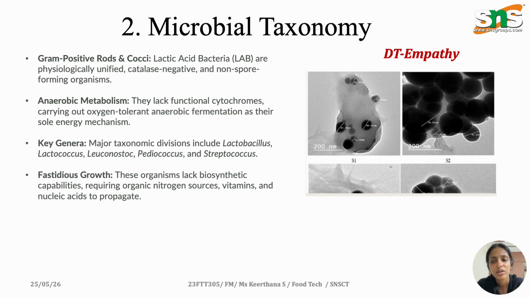Here, let's discuss the characteristics or the microbial taxonomy of LAB. As I said before, they are gram-positive bacteria. LAB survive in acidic conditions and prevent spoilage organisms from growing. They are non-spore forming, carry out anaerobic fermentation, and produce lactic acid.